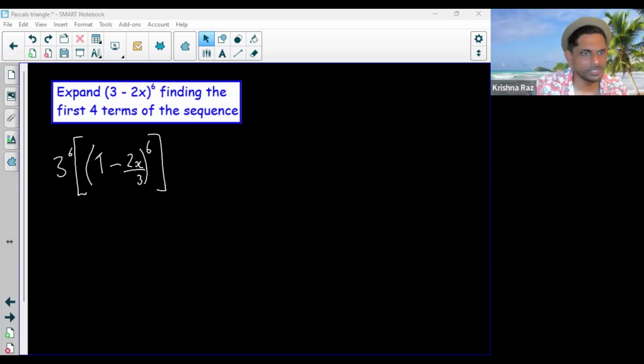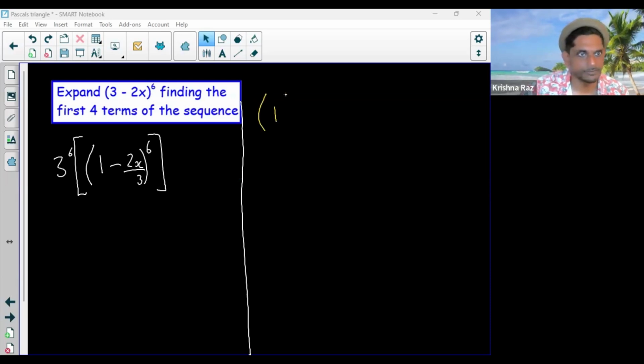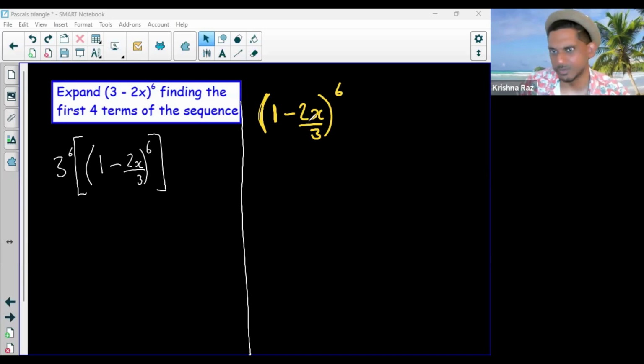So now what we need to do is expand. Let's do it on the other side: 1 minus 2x over 3, to the power of 6. And we only want the first 4 terms.